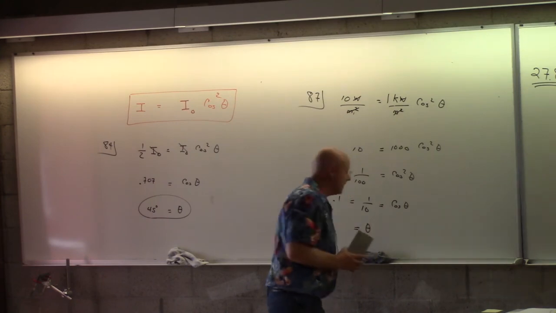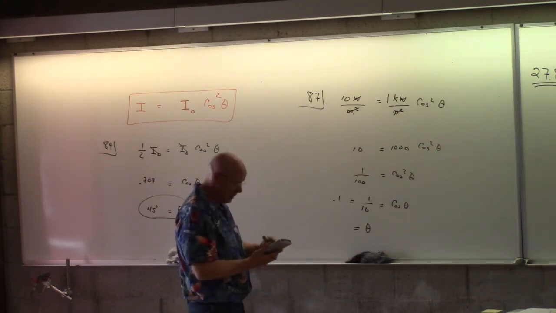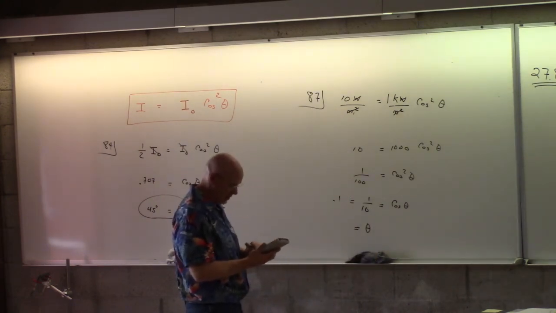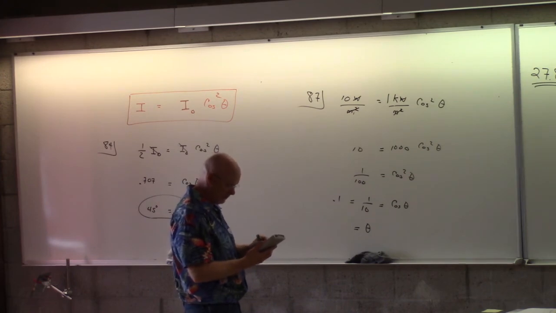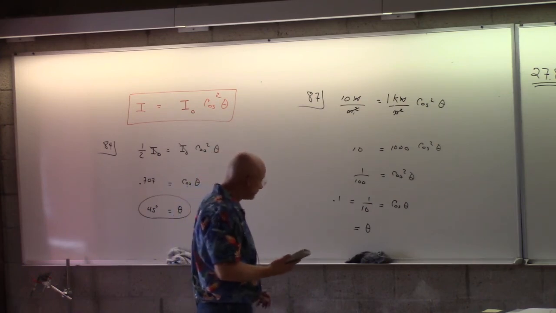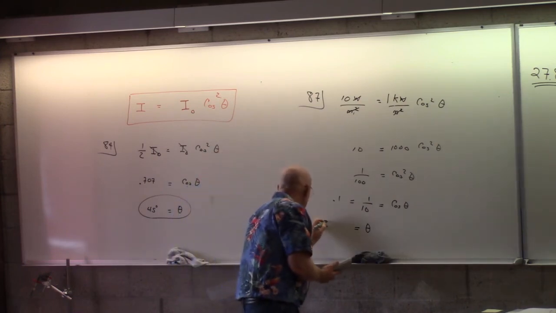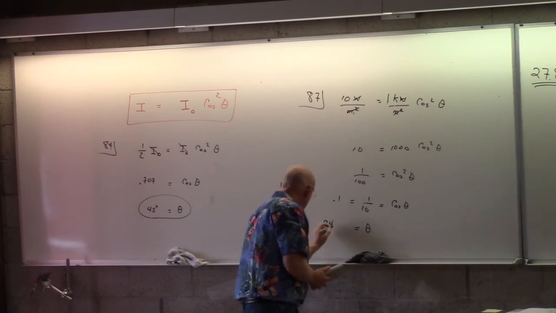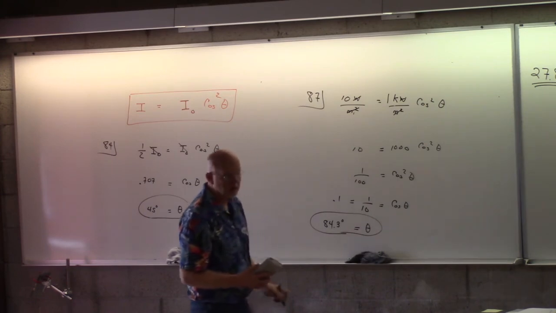And so I can now get this angle by taking inverse cosine of 0.1. And it looks like 84.3 degrees should be the angle.